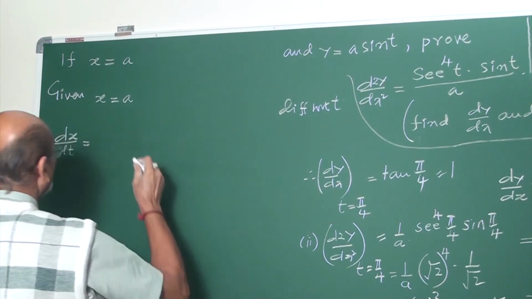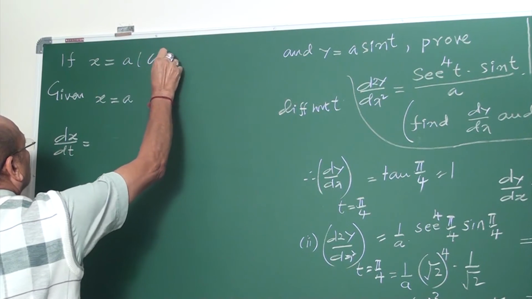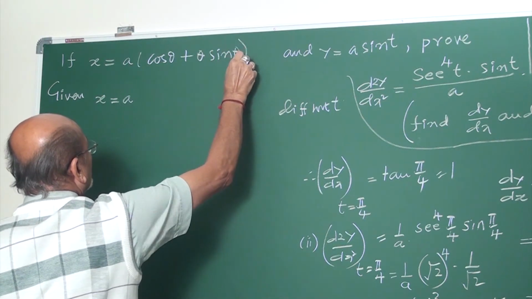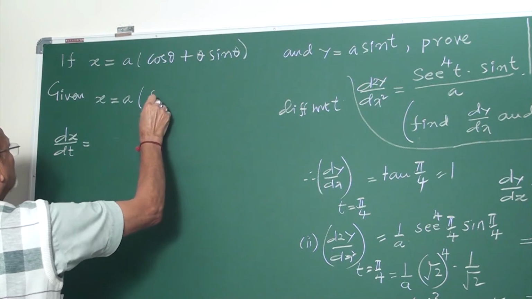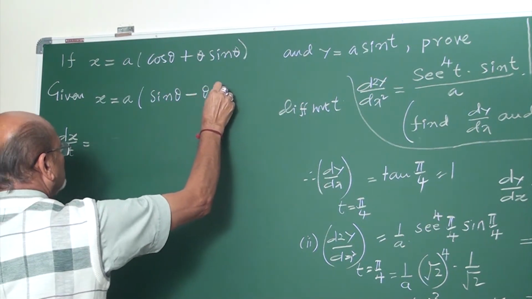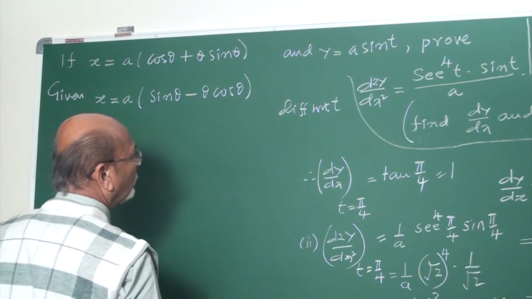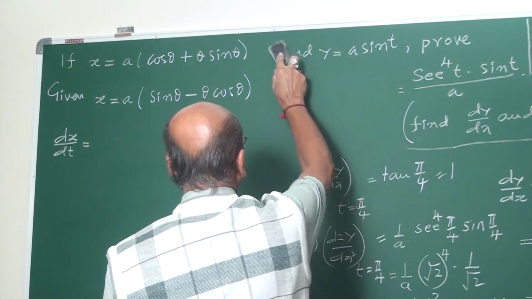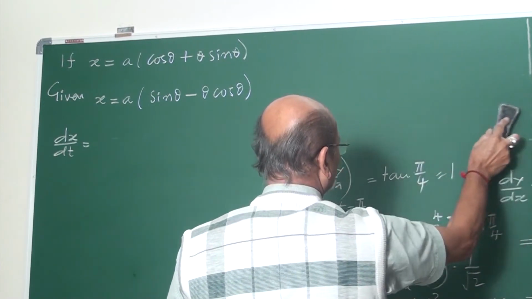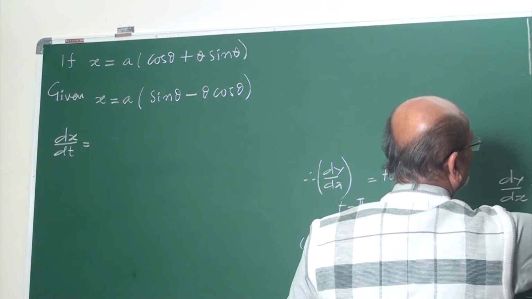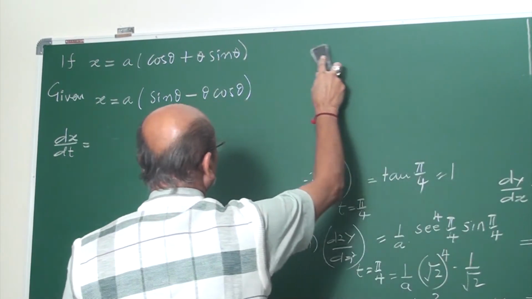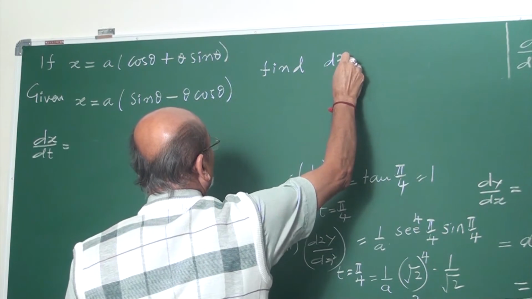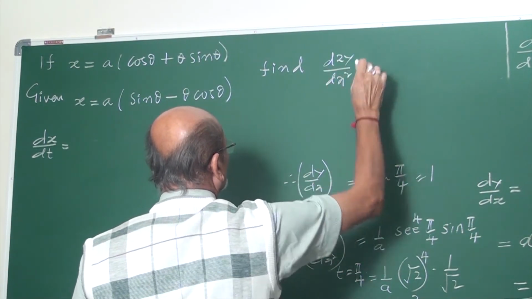If x equal to a into cos theta plus theta sin theta, and y equal to a into sin theta minus theta cos theta, then find d2y by dx2.